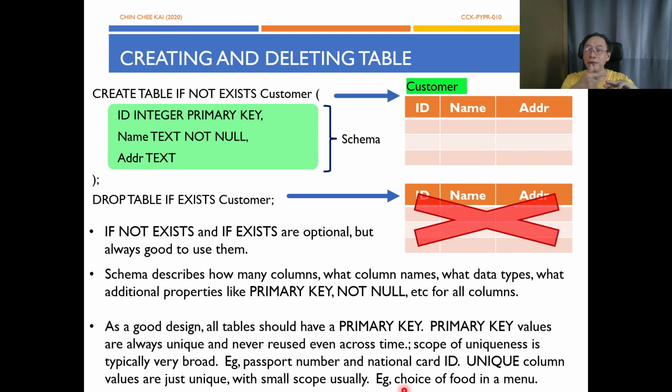This beef, rice, and chicken describes the unique types of burgers, but not individual burgers. So I'm just trying to illustrate that there are cases when we have unique data, but they are not really suitable for use as a primary key. But if you have to use it as a primary key, it will definitely be unique in the first place, across the database and across time.